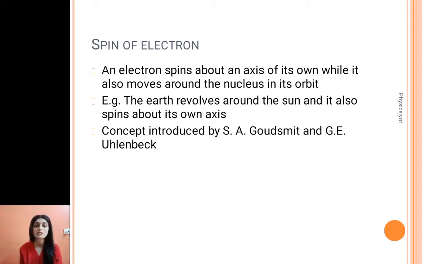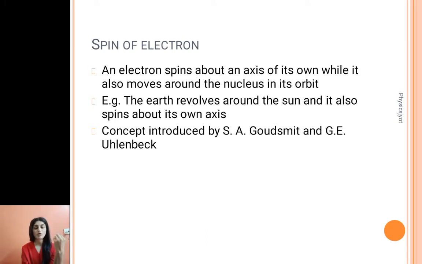We know that the earth revolves around the sun, and at the same time it also spins about its own axis. You can compare the electron with the earth in a similar fashion. Just like the earth, when the electron moves around the nucleus in its orbit, it spins about its own axis as well.